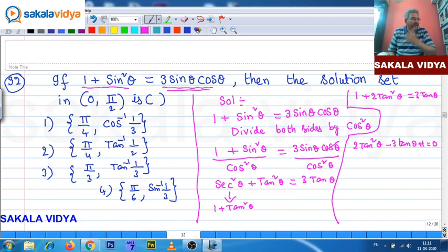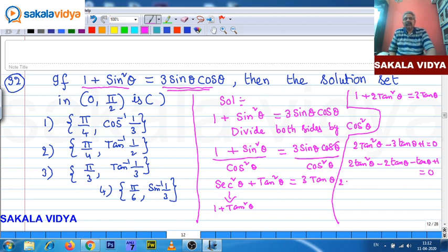So we need to factorize it. So this we can write 2 tan square theta minus 2 tan theta minus tan theta plus 1 equals to 0.